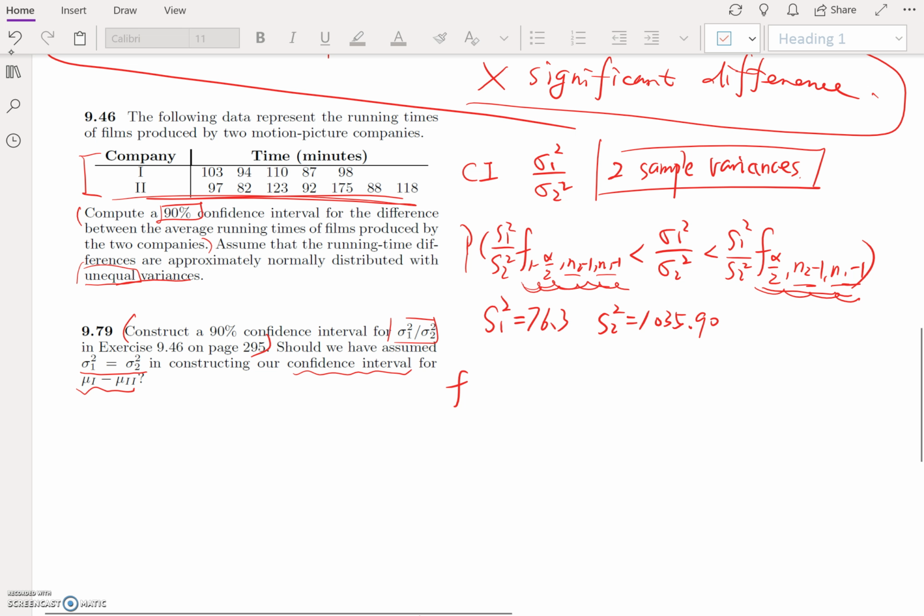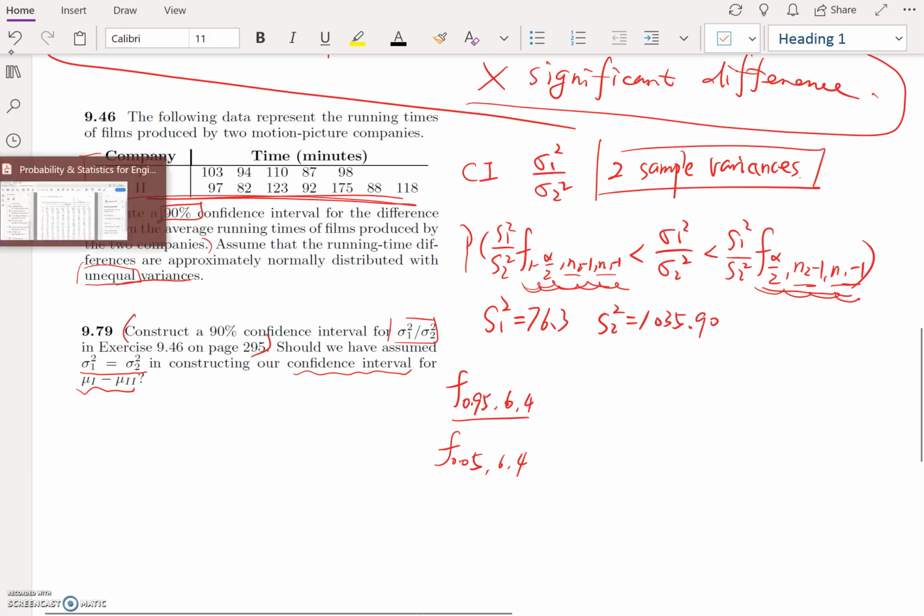And alpha is 0.1, right? So 1 minus alpha over 2 is 0.95. Then n2 is 7, so it's 6, and then 4. And the next value we need is 0.05, then the same 6, 4.